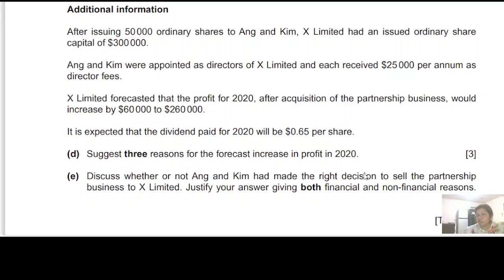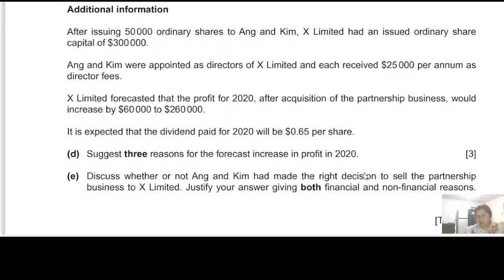So it's an income for Ang and Kim if they join X Limited. X Limited forecast the total profit for 2020 after acquisition increased by 60,000 to 260,000. It is expected that the dividend paid for 2020 will be 0.65 per share.